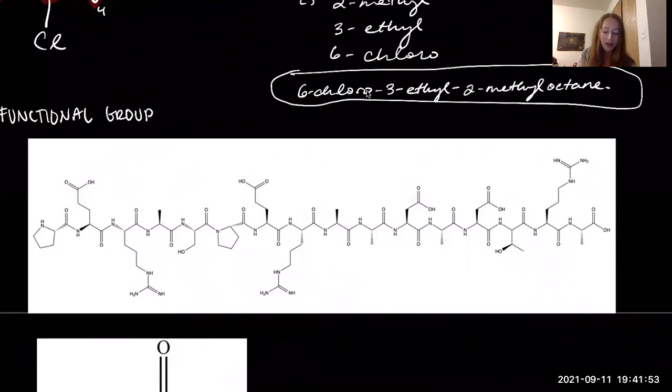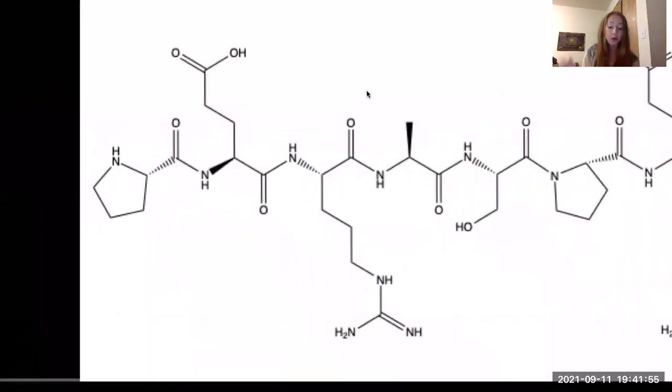So anyway, let's look at the functional groups here. We have an amine here. What kind of amine? This is actually a secondary amine. I'll explain secondary, tertiary, primary, what that means. We actually have an amide here.